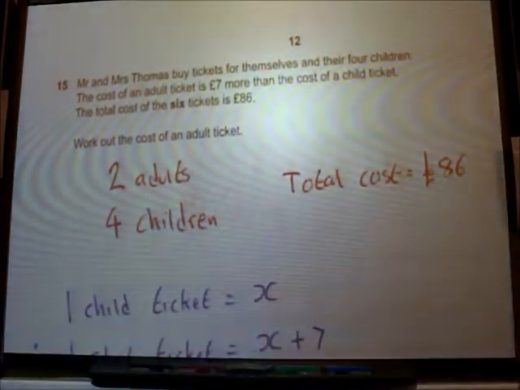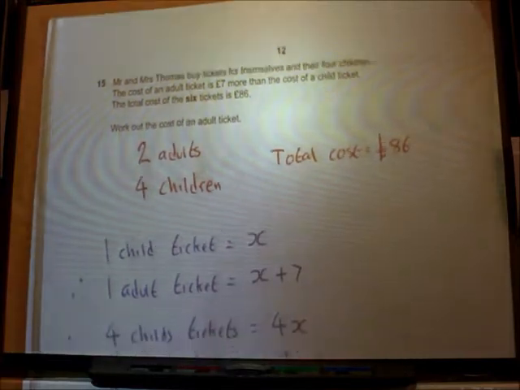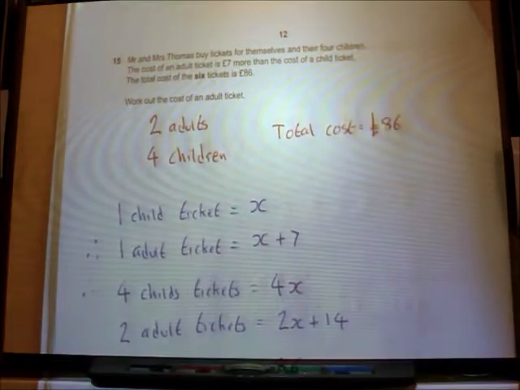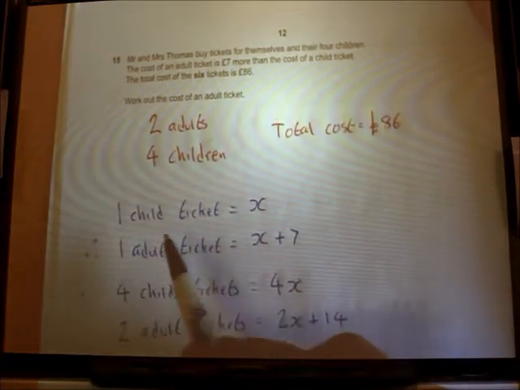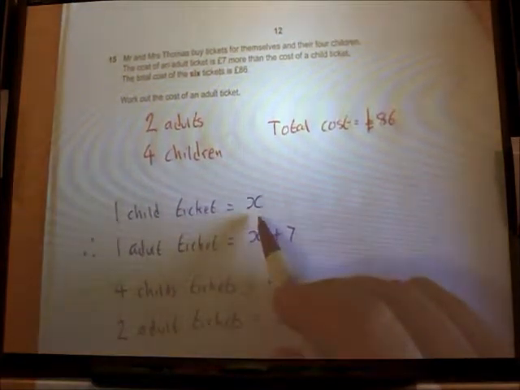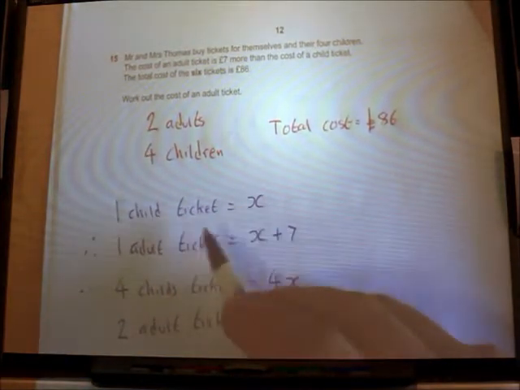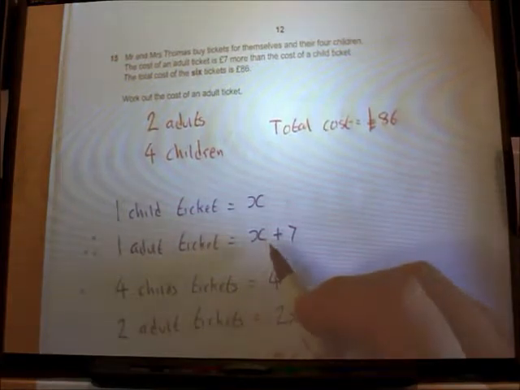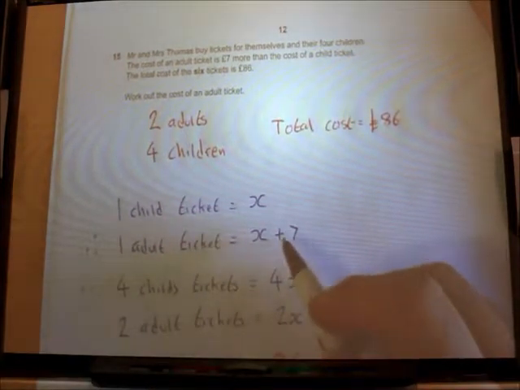There are a few ways of answering this, but I'm going to use algebra because I think it's the most logical way. So if we assume a child ticket is X, that means an adult ticket must be X add 7 because it is £7 more.